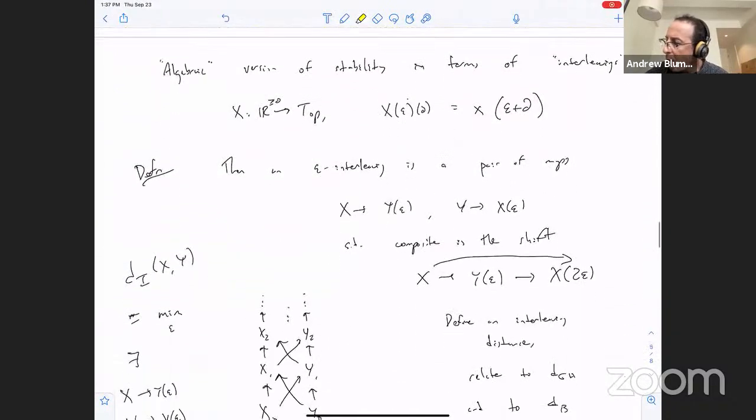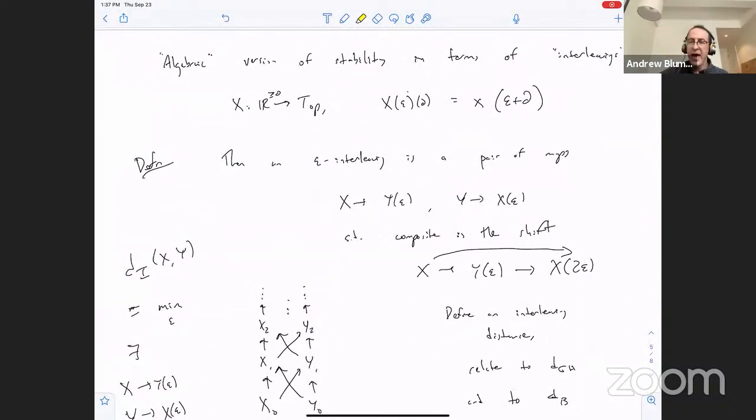So I stated the stability result, the original, as a metric thing, but there's an algebraic version of this, which is effectively categorical. And it is defined in terms of a notion of interleaving, or diagrammatic.